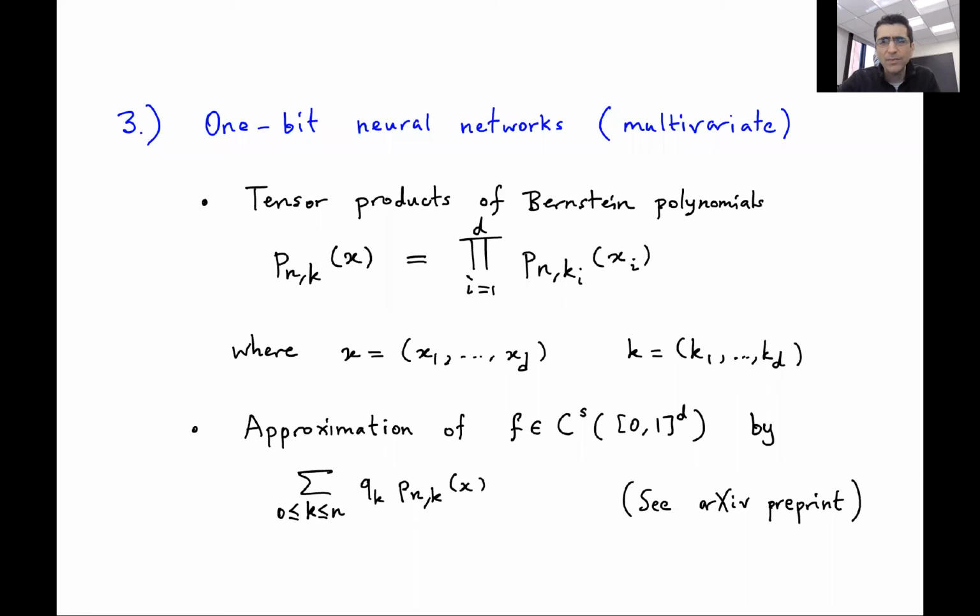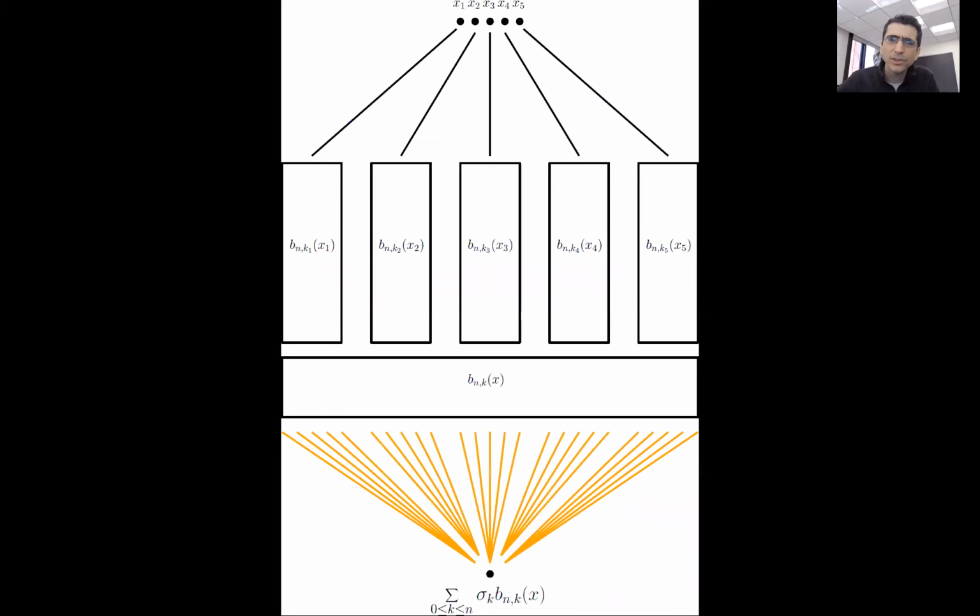And the multivariate Bernstein basis simply is this new basis. Okay, the next page maybe just summarizes this. So for each variable x1 through xd, we form their corresponding Bernstein basis polynomials.